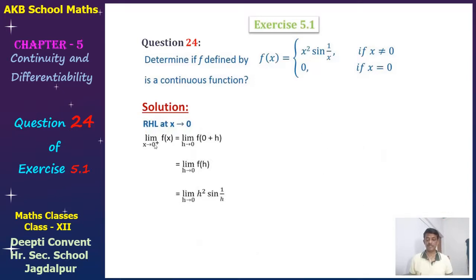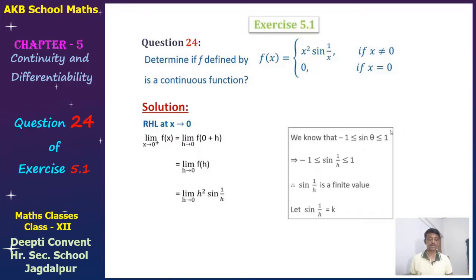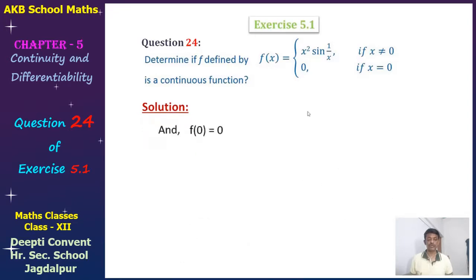In a similar fashion, x tending to 0 plus h, h tending to 0, 0 plus h, f(h), h square sine 1 by h. Also sine theta lies between this, sine 1 by h is a finite value. So let us take this as k, use here k, h square, h equal to 0, 0. So left hand limit and right hand limit both are equal, and also value of the function from here f(0) equal to 0.